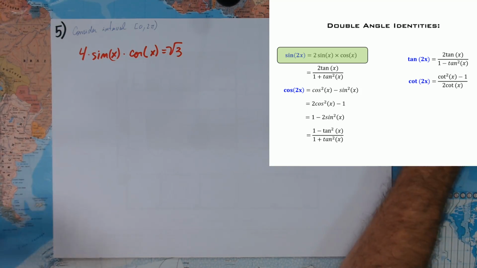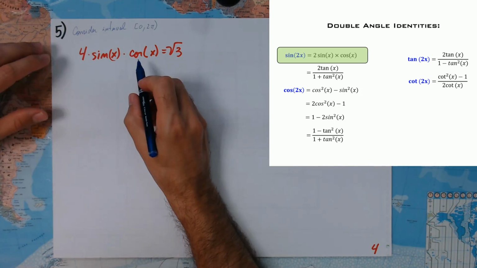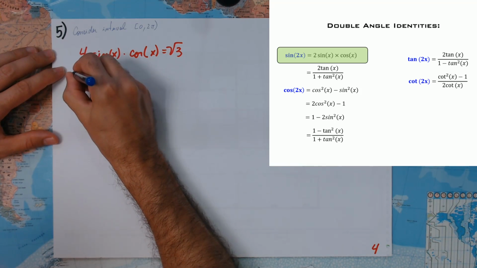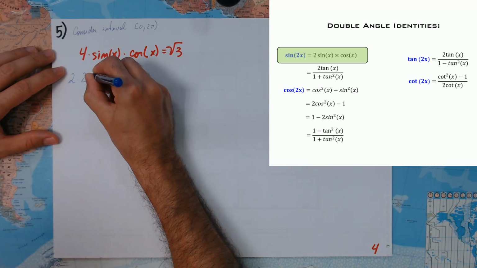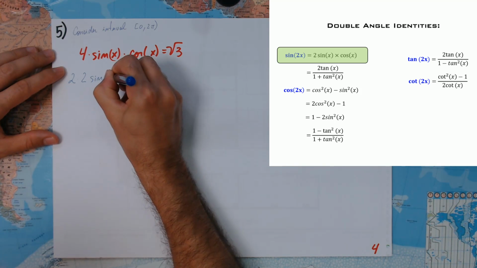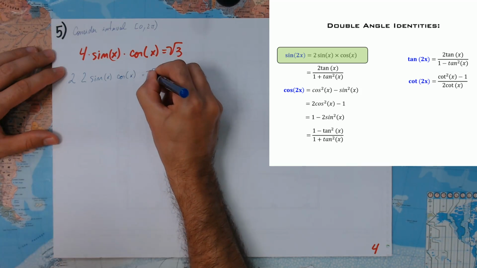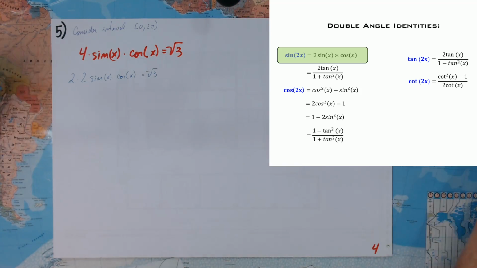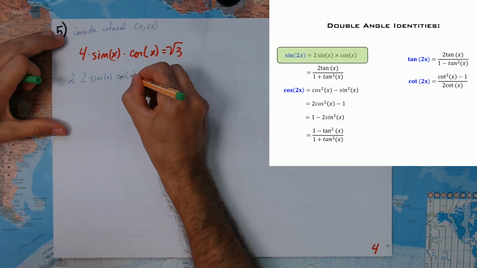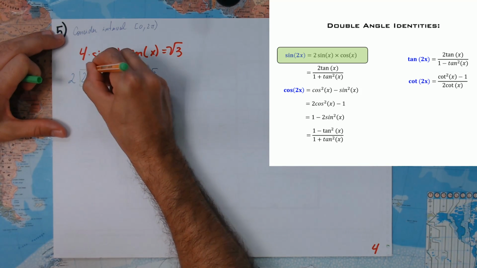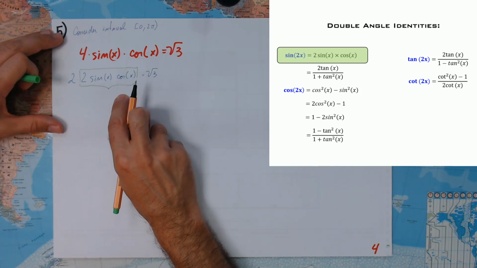And I'm going to write it, but I'm not going to substitute straight on. I'm going to prepare this one a little bit differently. This is going to be 2 times 2 sine of x times cosine of x equals square root of 3. And what is going to be this one? 2 sine of x cosine of x.